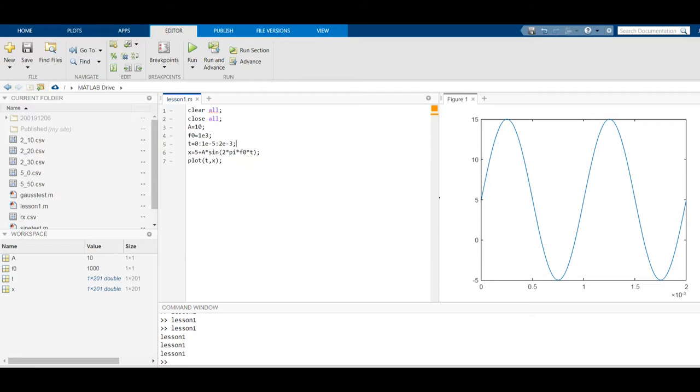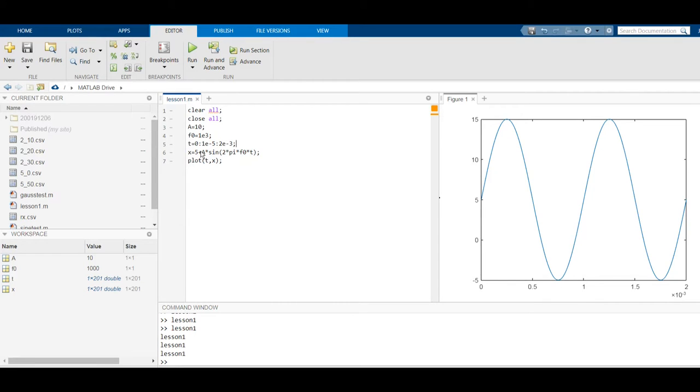And you can see it just got DC shifted. We call it DC shifting in electrical engineering. In the earlier graph the starting point was 0, and in this graph the starting point is 5, and it goes all the way to 15 and comes back to minus 5, as opposed to minus 10 in the previous case.